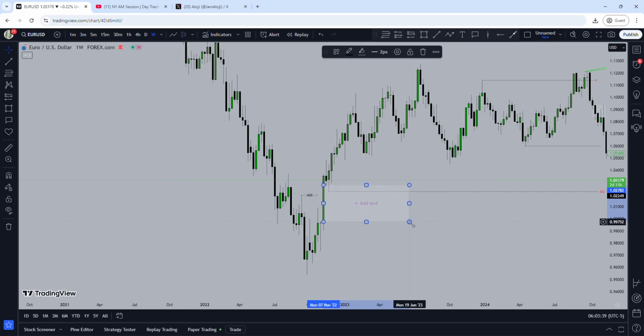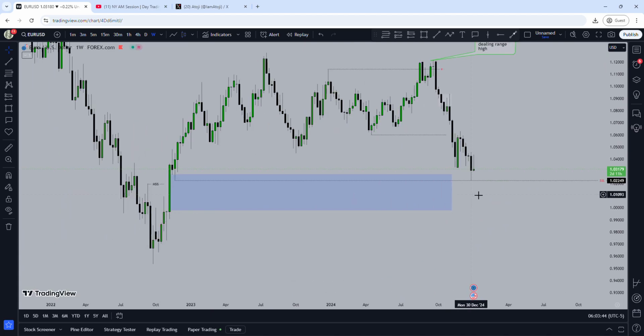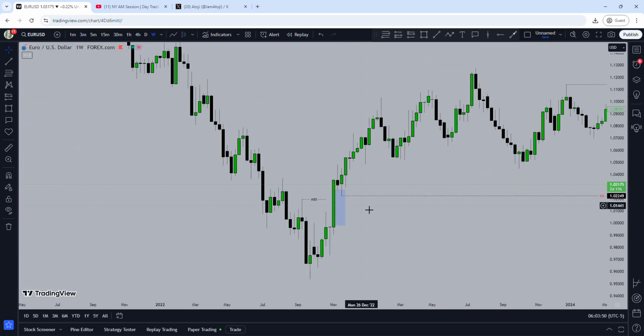Now for this FVG, price came and filled it.